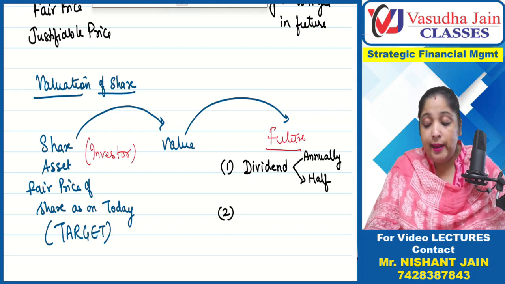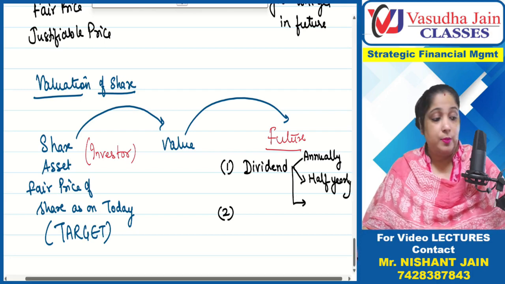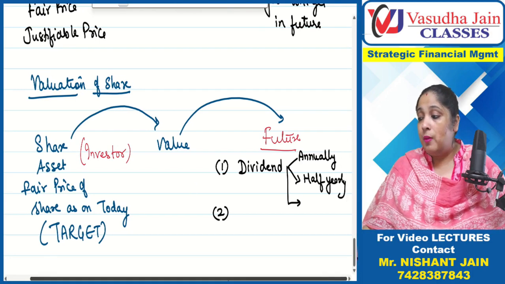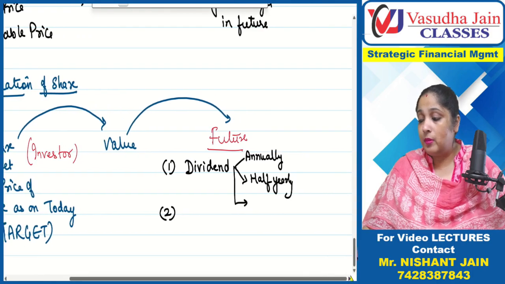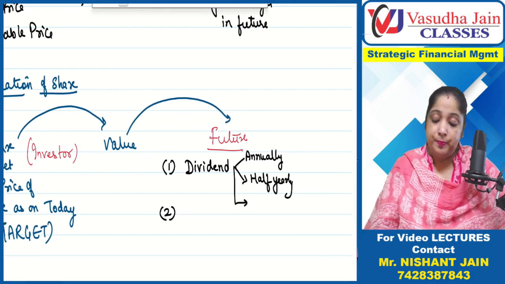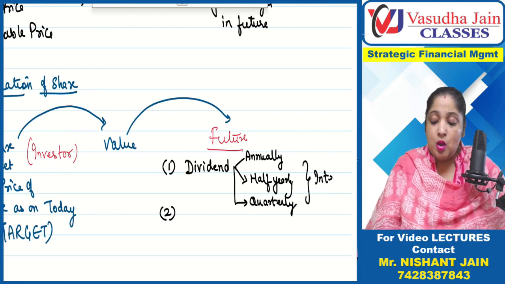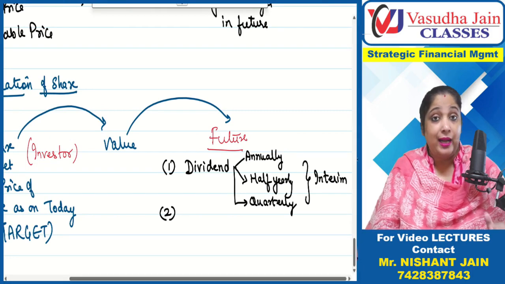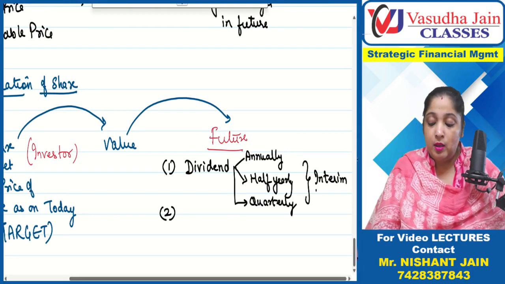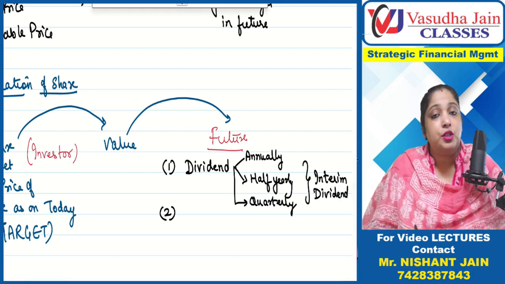It can be paid quarterly also, which is called interim dividend, when it is paid before your financial period is over. Whatever dividend you are going to get in future, this is the benefit you are going to get from the share.